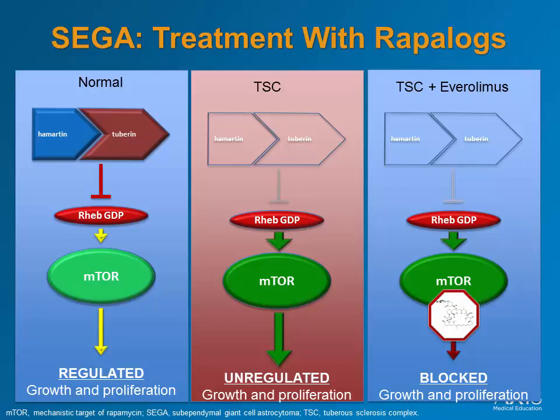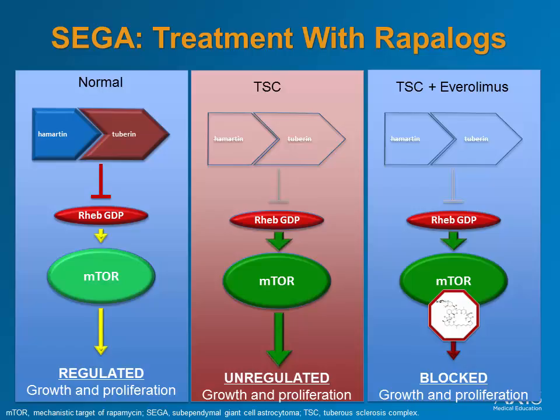What I show here is the situation that we have. In the first panel, you see the normal condition that Dr. Korf showed. And what we see when hamartin or tuberin are not functional, we see that mTOR activity is allowed to proceed unchecked. And therefore, you have unregulated growth and proliferation that leads to tumors like SEGA. Now, what we can use is mTOR inhibitors such as sirolimus or everolimus.